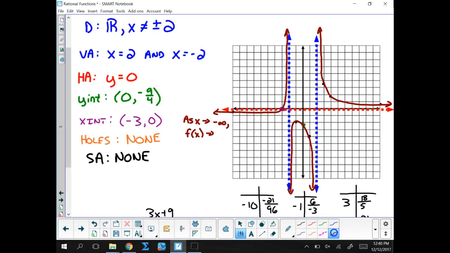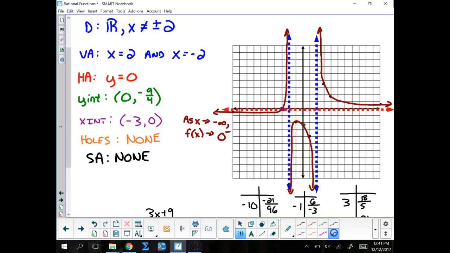Yeah, as it's going to negative infinity, it's getting closer and closer to your horizontal asymptote. Because from a week and a half ago, at the infinities, our function goes to our horizontal asymptote, and our horizontal asymptote in this case is 0.